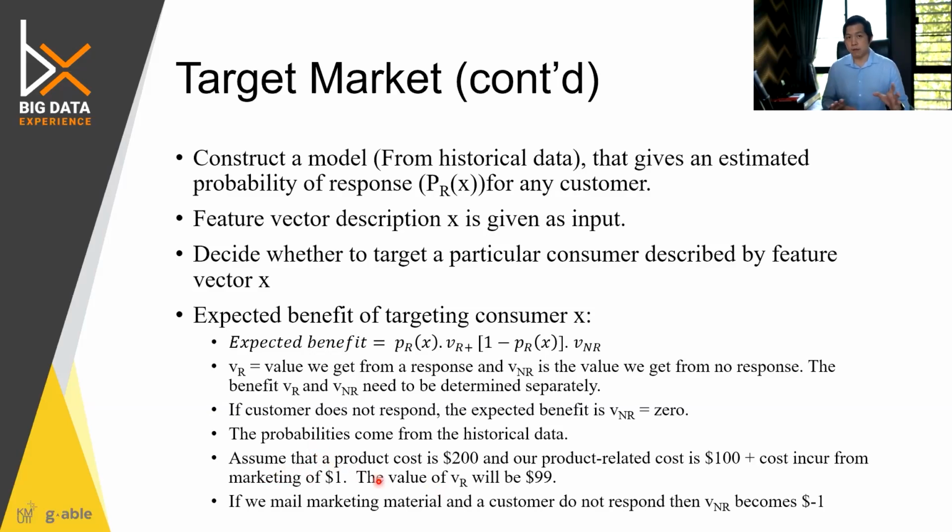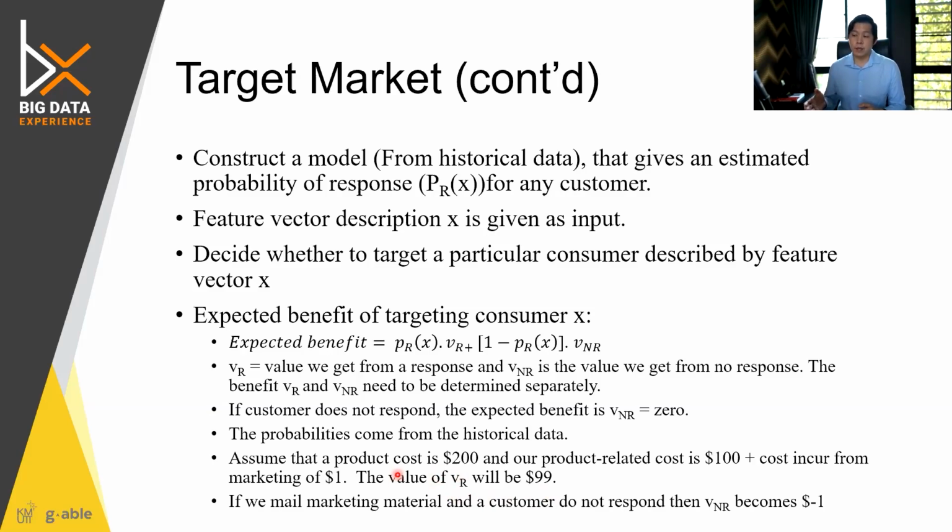So we have a little bit of cost-benefit here: the product sells for $200, the product-related cost is $100, plus the cost from marketing is $1. That means for each product that you sell, you get a profit of $99, so VR is 99.